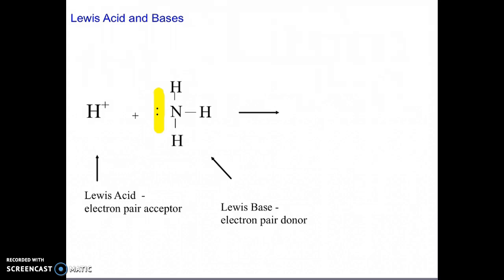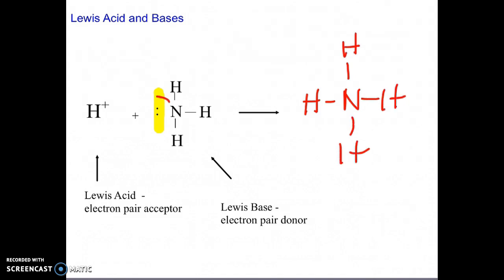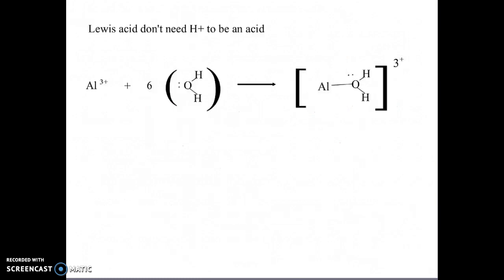And what happens is that you would end up making this ammonium ion, where these lone pairs will actually just connect with that hydrogen ion, and that's a Lewis acid and base. The interesting piece about it is that it doesn't even need to have hydrogen ions to be an acid. Lewis acids and bases are like the broadest category of what we would call an acid and a base.